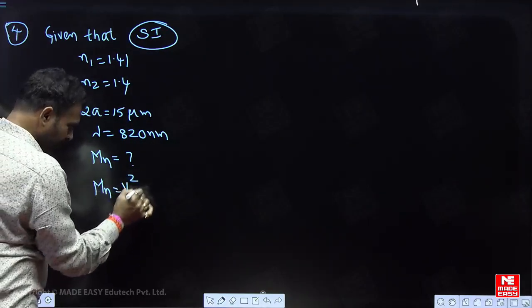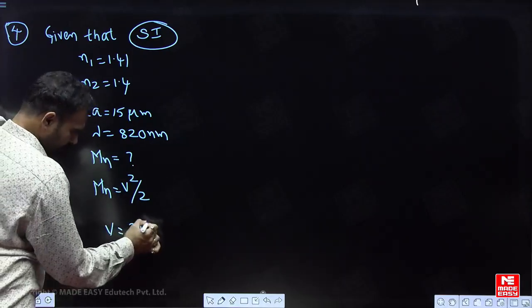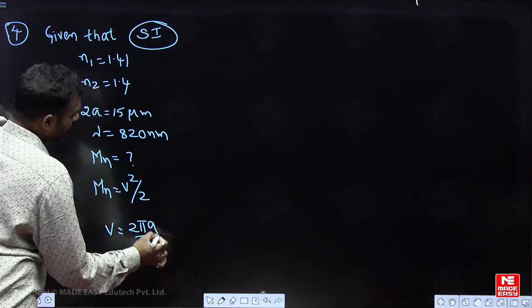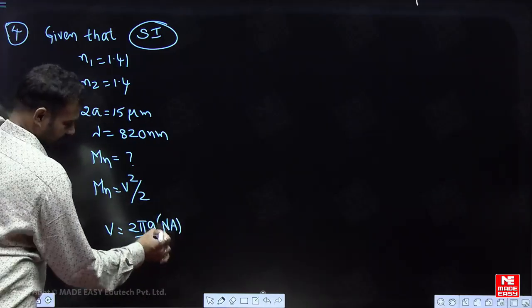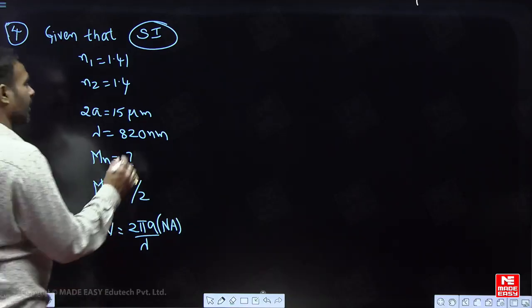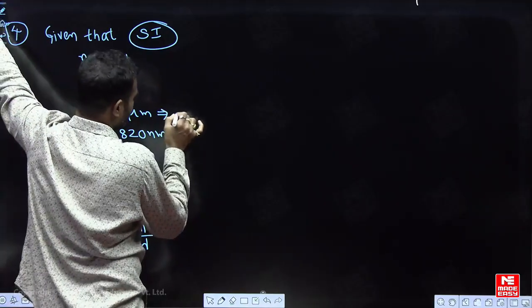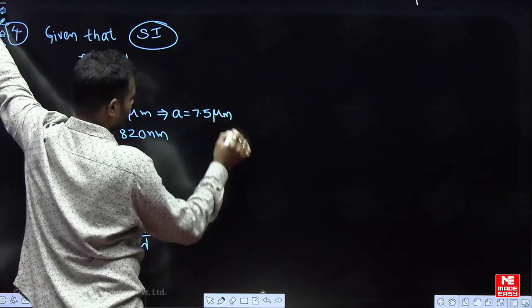Mn is equal to V square by 2 is the formula. V is equal to 2 pi a by lambda into numerical aperture. 2a is equal to 15 micrometers, so the value of a is 7.5 micrometers.